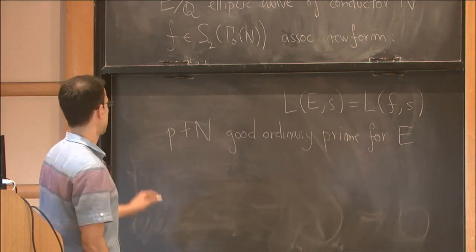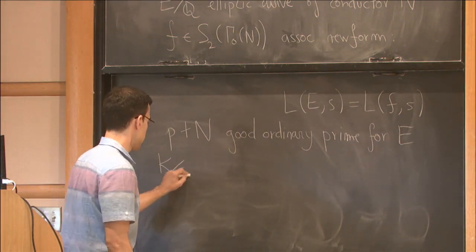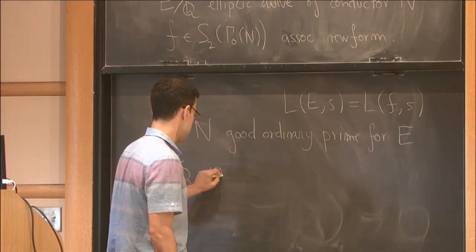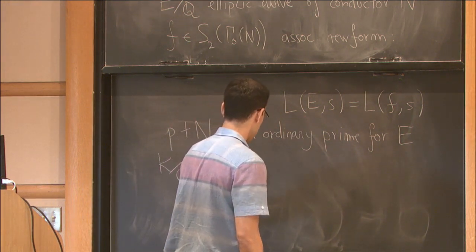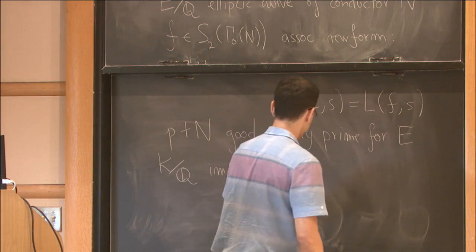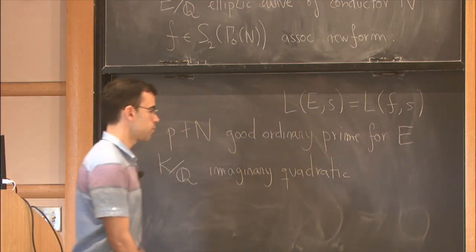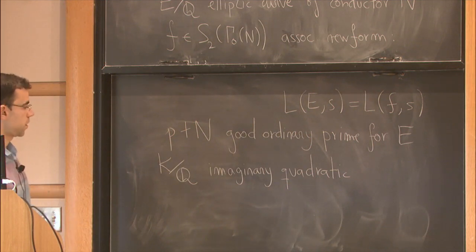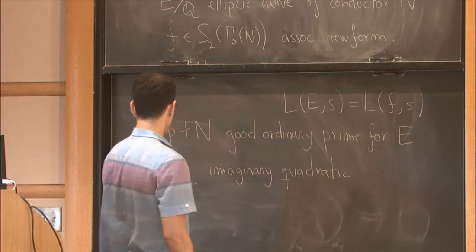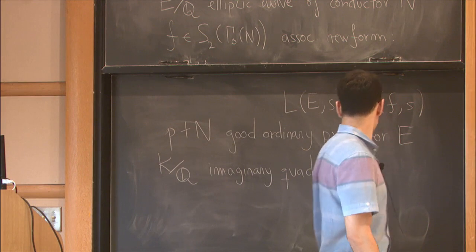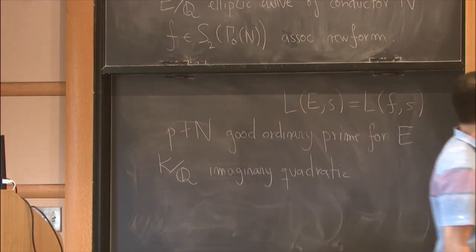One more piece of notation. I'm going to take K over Q an imaginary quadratic field, and it will be assumed to be of discriminant prime to Np. I'm going to make the following assumptions.